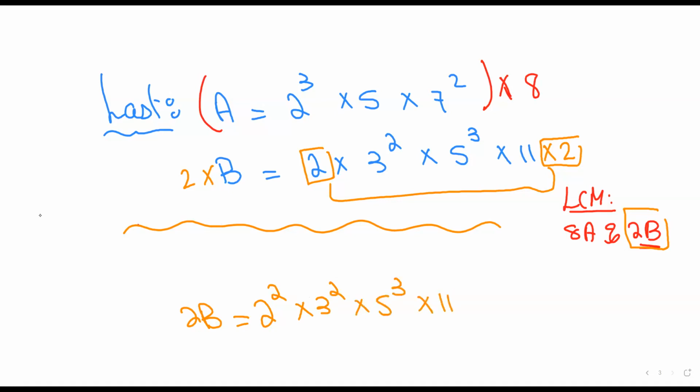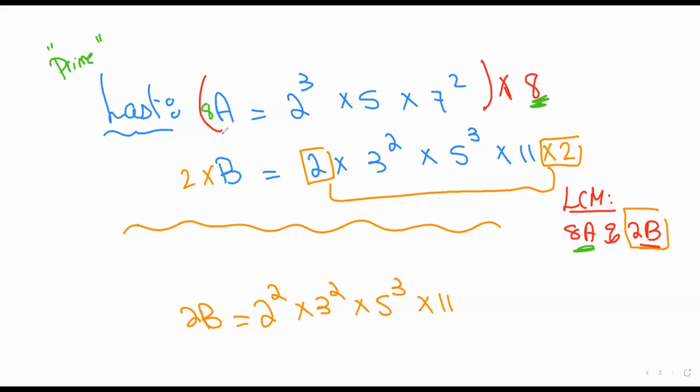As for 8A, what happened, Miss? You have been telling us since the morning prime factorization, prime factorization, and this 8 is not prime. What do you think we are going to do with this 8?